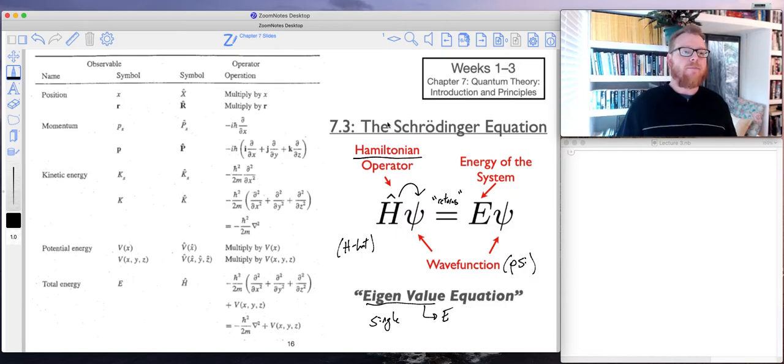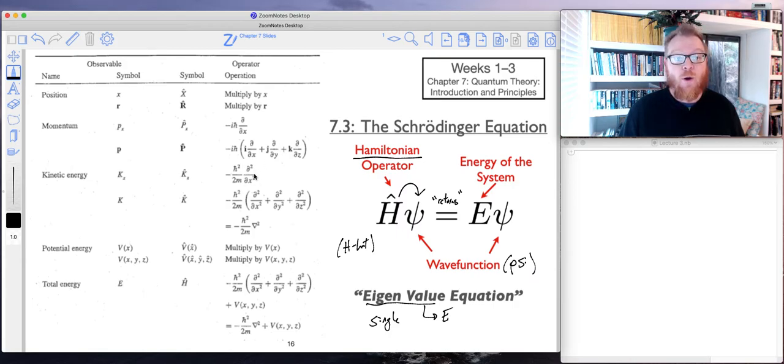What's going to be most useful for us in these first couple weeks of quantum mechanics is the kinetic energy operator. That's negative h bar squared divided by 2 times the mass, and the second derivative with respect to position. The way we would apply this kinetic energy operator is we'd have to follow the order of mathematics.